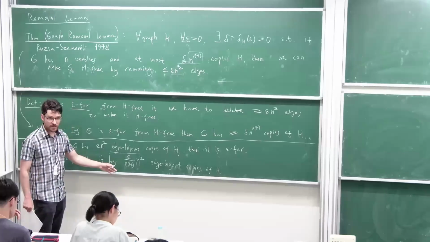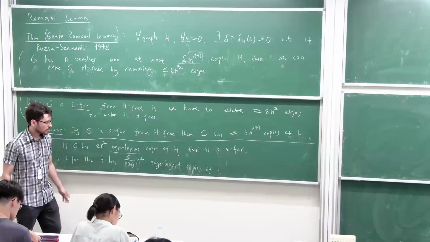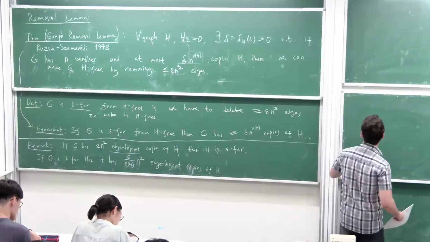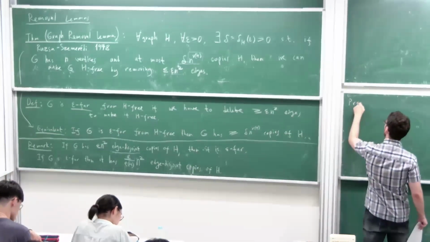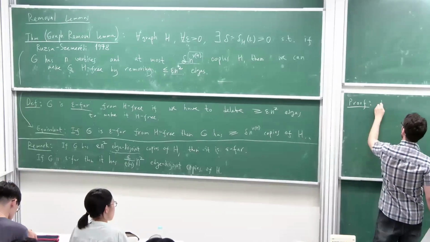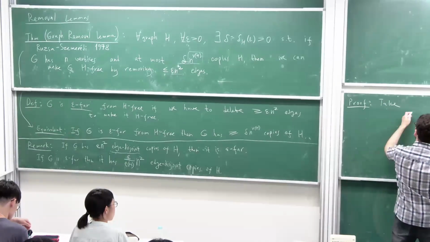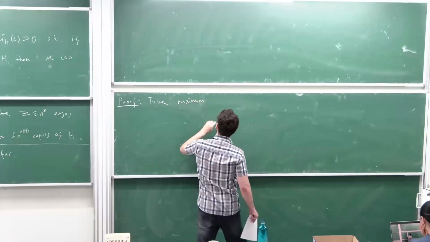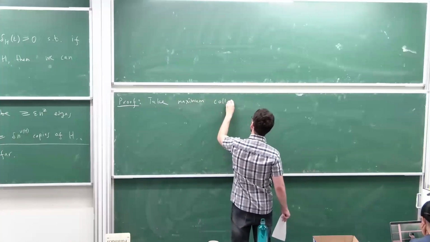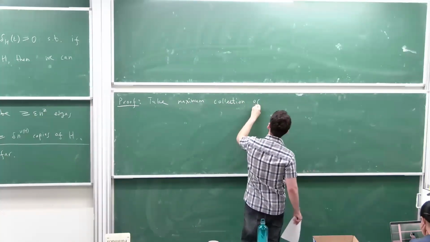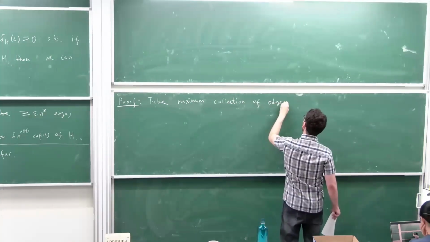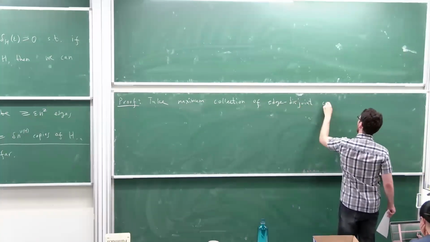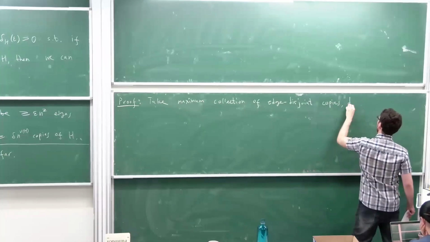Let me explain why this is true. The proof is that we take a maximum collection, as large as possible, of edge-disjoint copies, and delete all their edges.